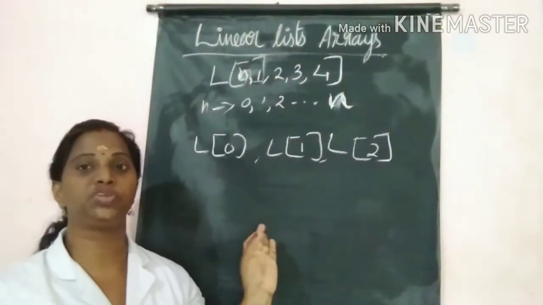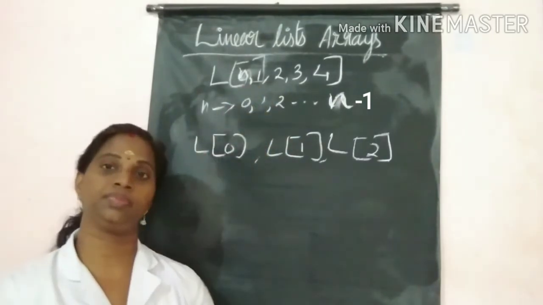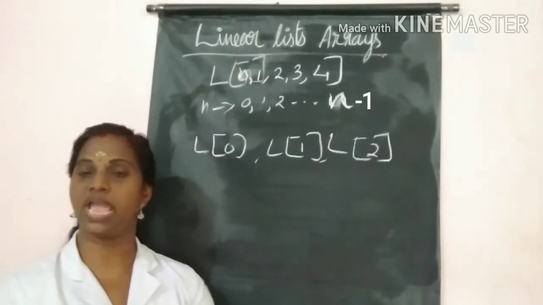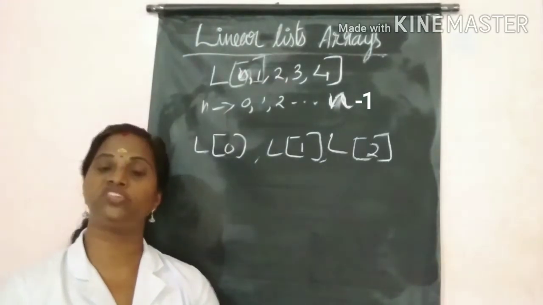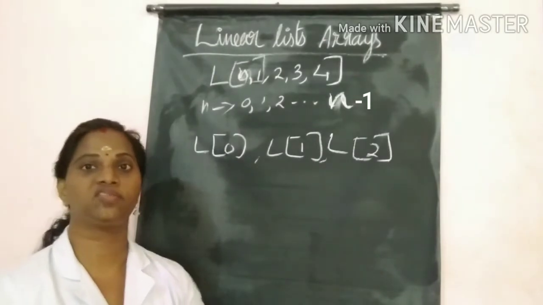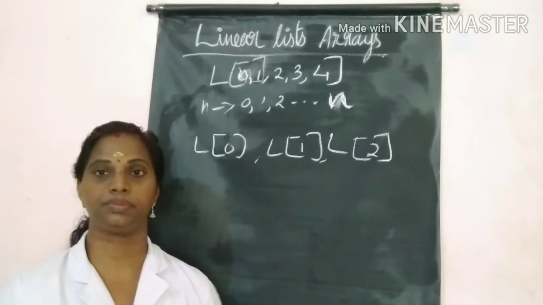That means the list can hold elements 0 to n minus 1, and all elements should be of the same data type. This one is called a linear list or array.